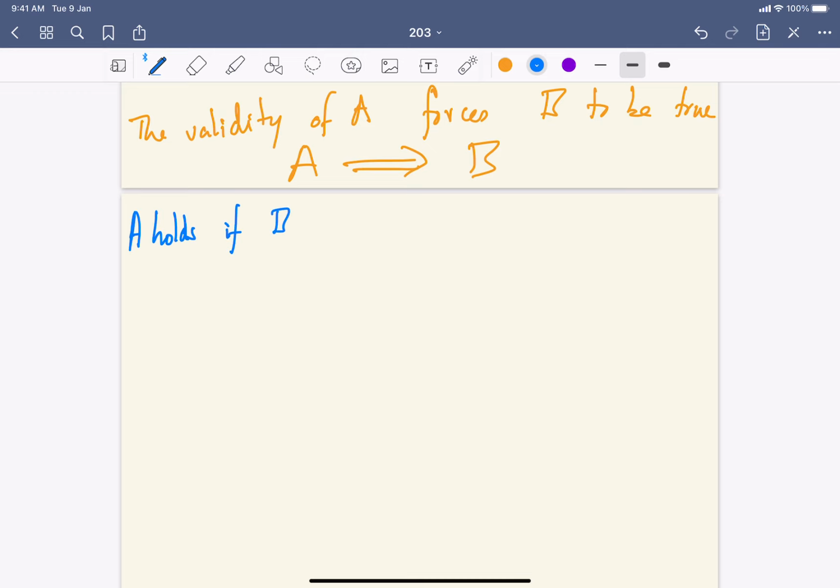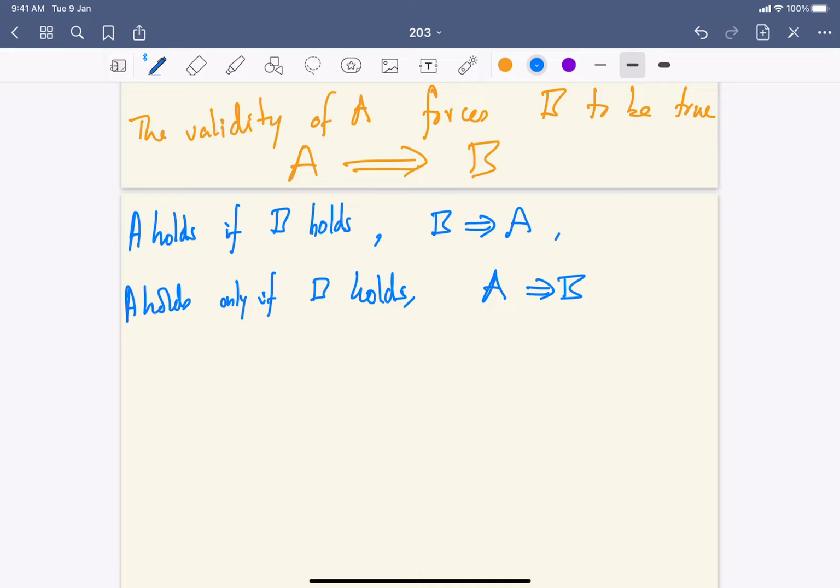A holds if B holds, and A holds only if B holds, means that A implies B. And just one quick remark: for B implies A, sometimes we just put the picture the other way.